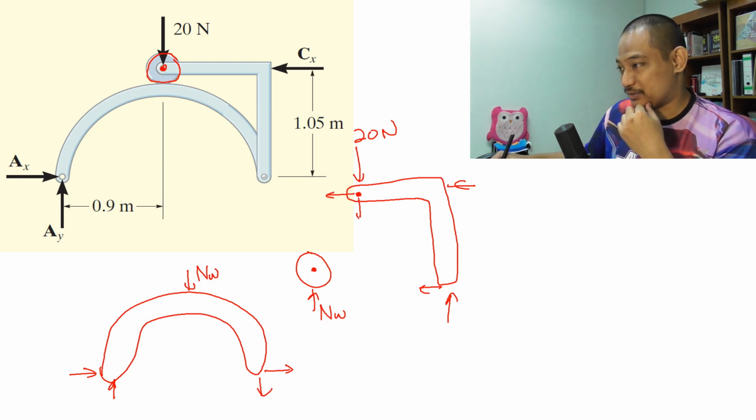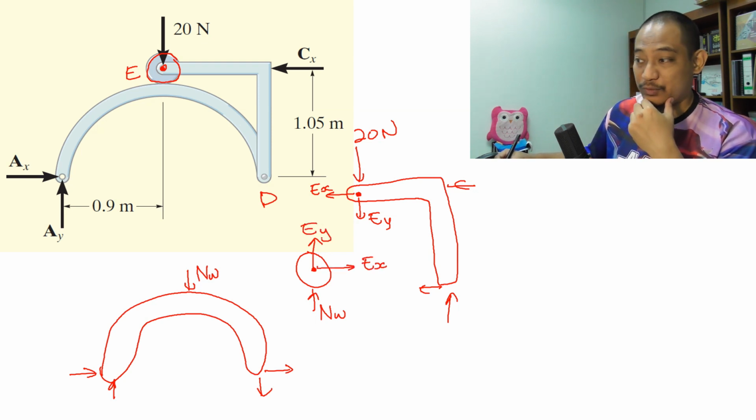Let's say, what did we call this, D, right? So let's call this E. So you have, for example, EX, EY, and then you'll have the opposite, EX, EY. That is what will happen.